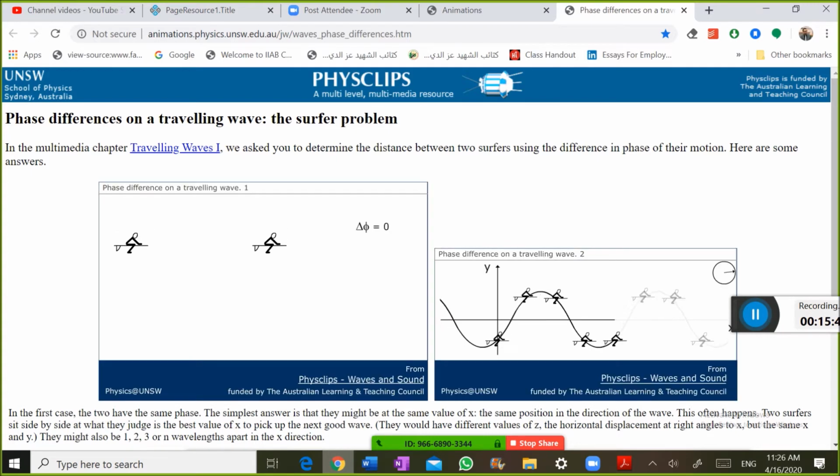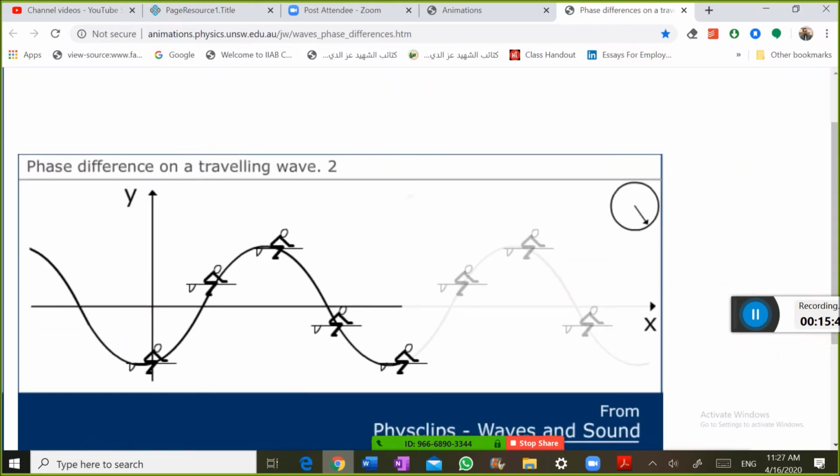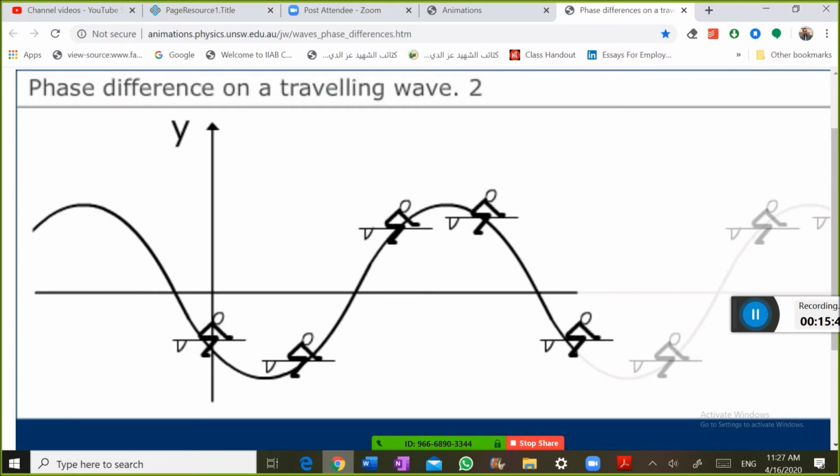Here, guys, this is a standing wave, right? Pay attention now.